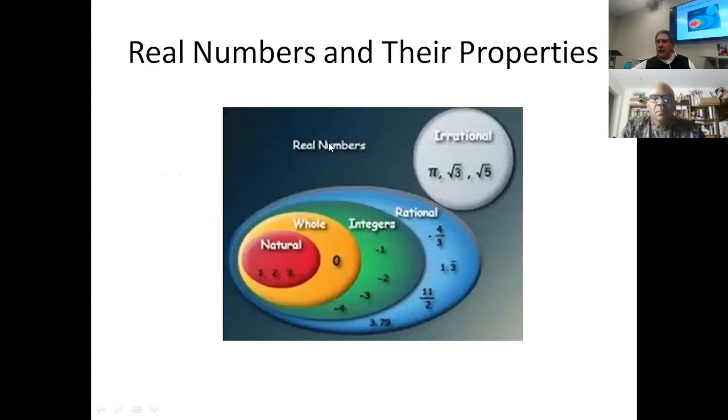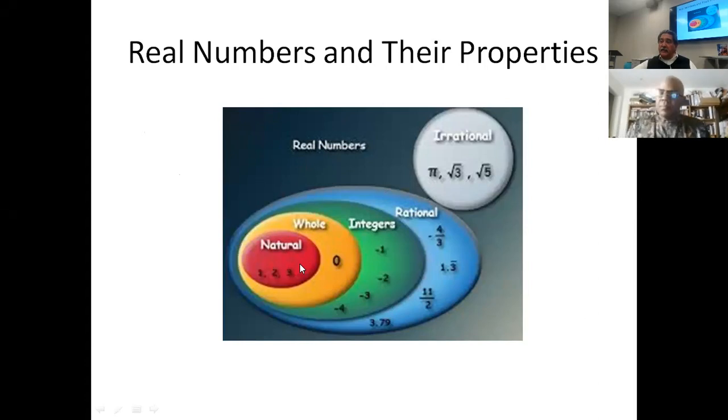Now, if you look at this diagram here, you have real numbers, this whole thing, all the numbers that you have. The real numbers can be divided into two parts, rational and irrational. Irrational just continues. It's never ending. The rational numbers consist of these parts.